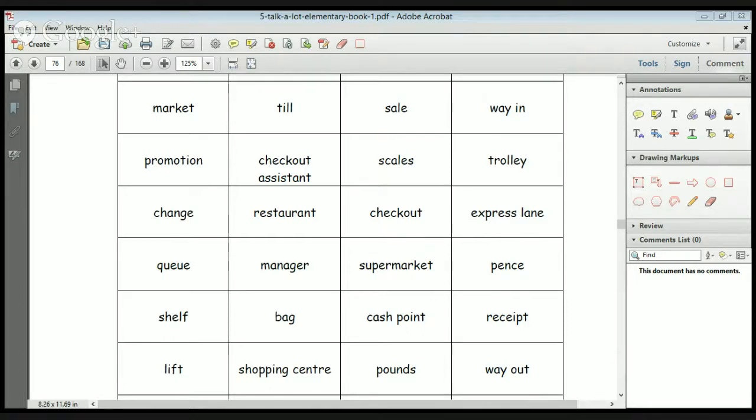What about words which have a long stressed vowel sound, but not trolley or checkout, but a long vowel sound? For example, Q. Q is a long vowel sound, isn't it? Ooh. It's long. The spelling is U-E.